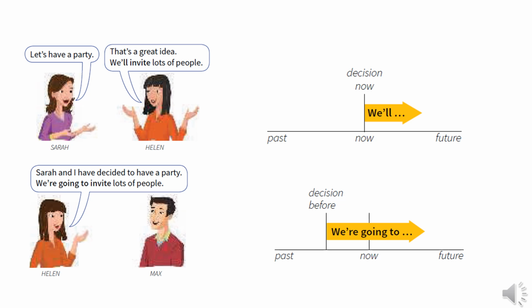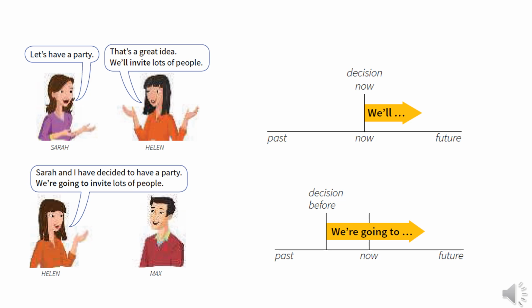While by considering the next example, Sarah and I have decided to have a party. We are going to invite lots of people. Here, the speaker refers to this decision, and there is a kind of plan to invite lots of people.